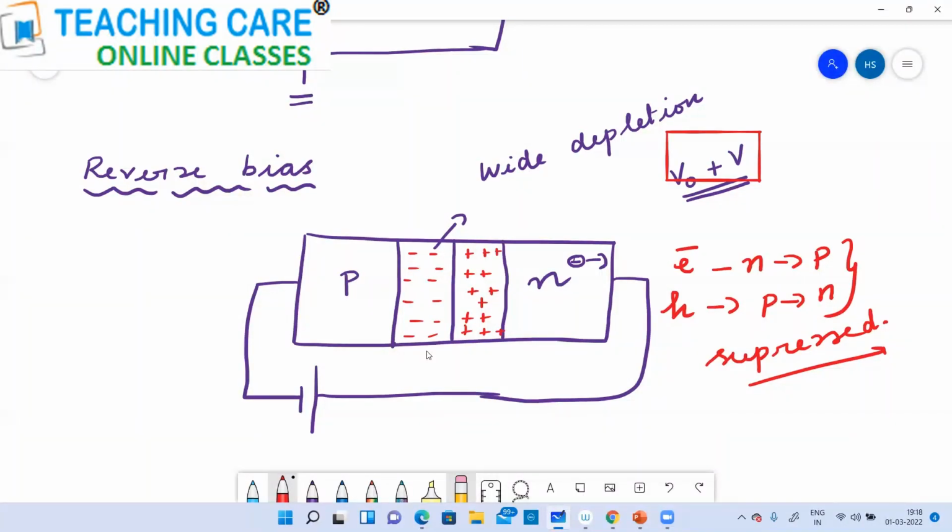Due to this, the potential drop across the junction increases. And as a result, the diffusion of holes and electrons across the junction decreases.